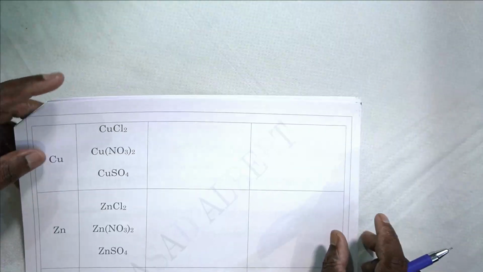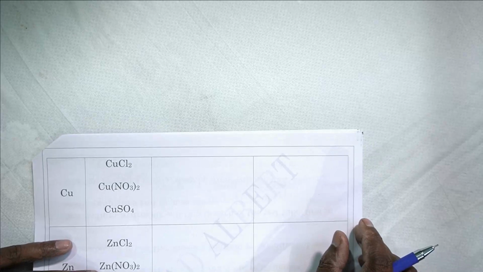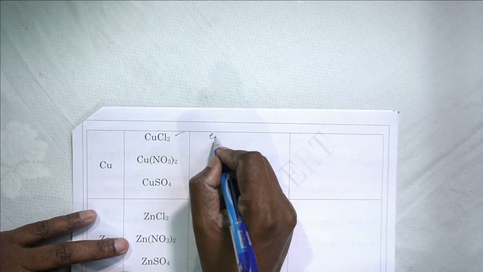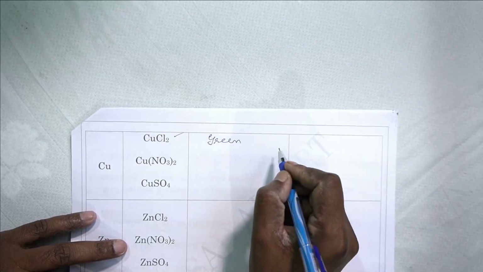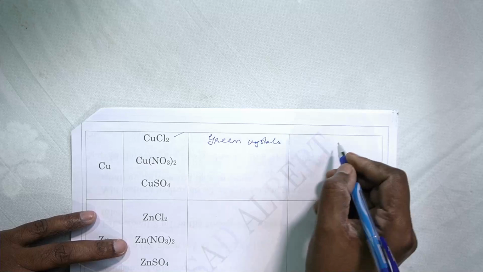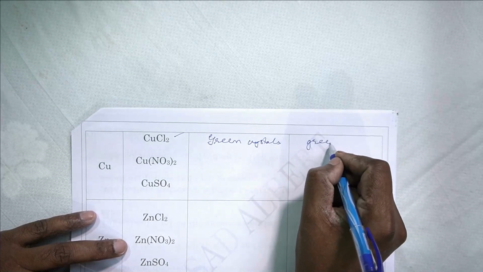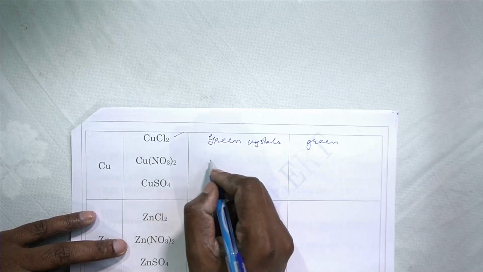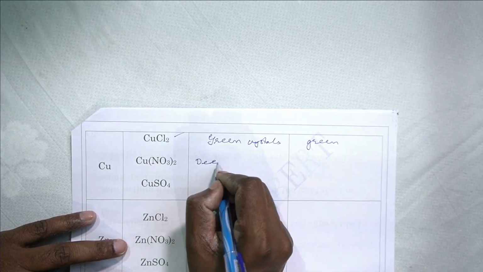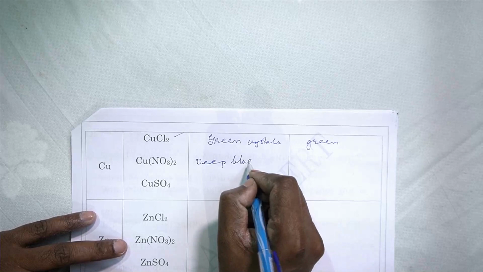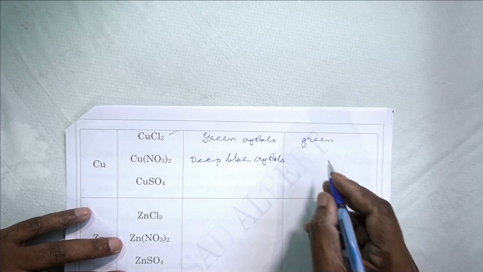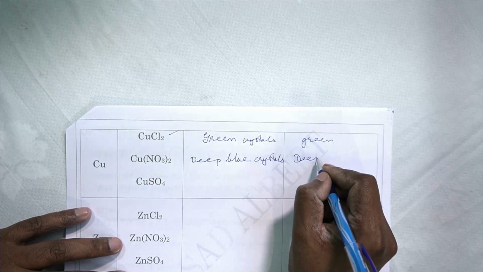And there are more substances. We have cupric chloride, CuCl2, which is green crystals, and the solution is also green. Cu(NO3)2, cupric nitrate, is deep blue crystals. Its aqueous solution is also deep blue.